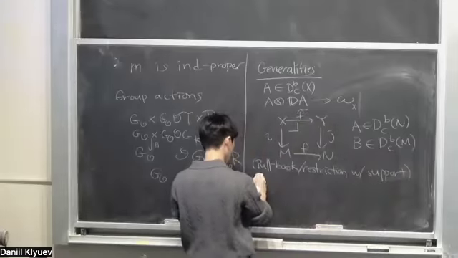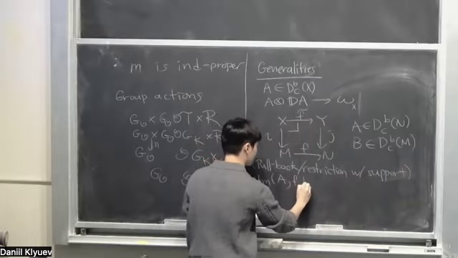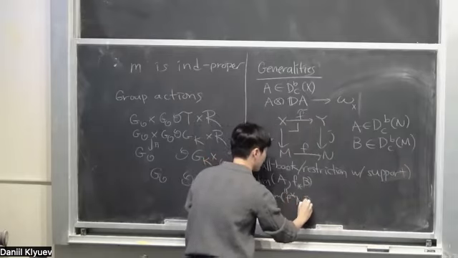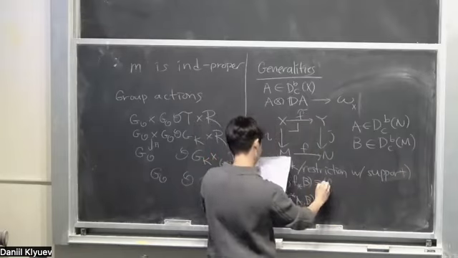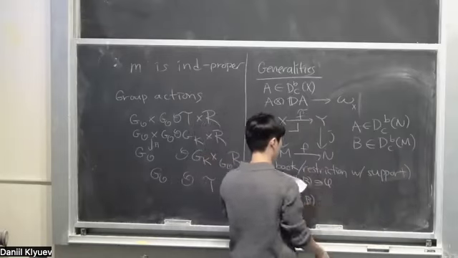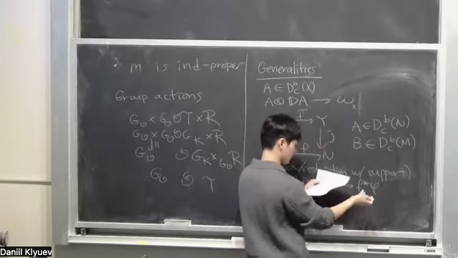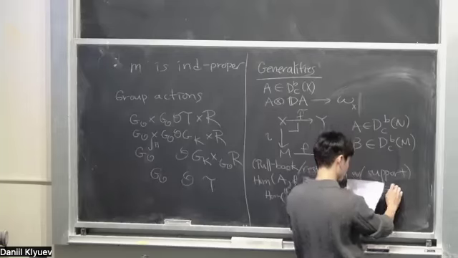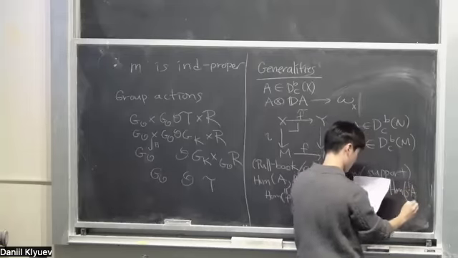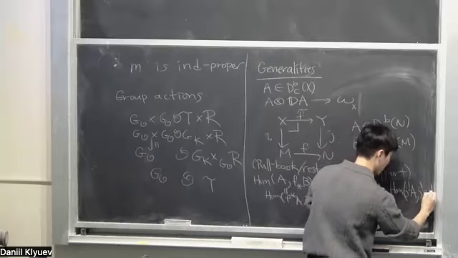The map from Hom of A and then f lower star B, which is just f upper star A and then B. So take some map phi from A to f lower star B, and I want to map that to something I'm going to write as f upper star phi, which will be something from f upper star A to f upper star f lower star B.